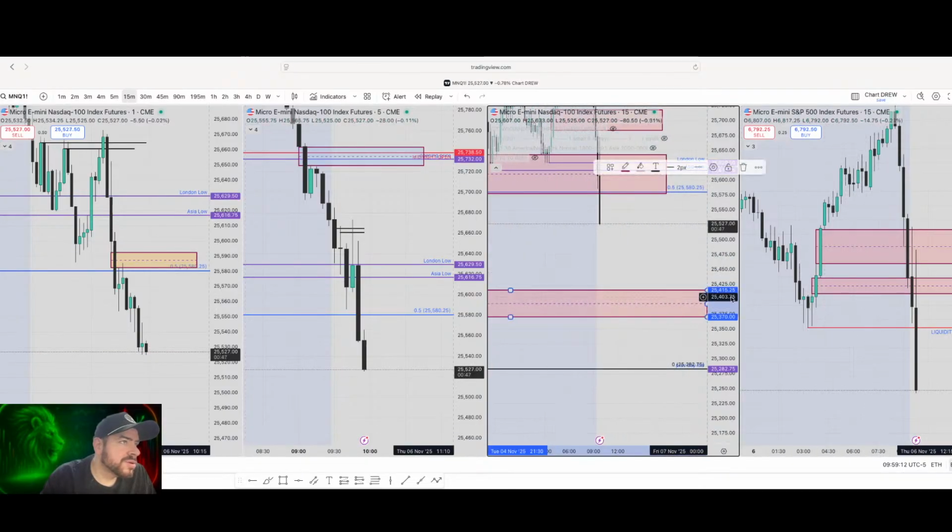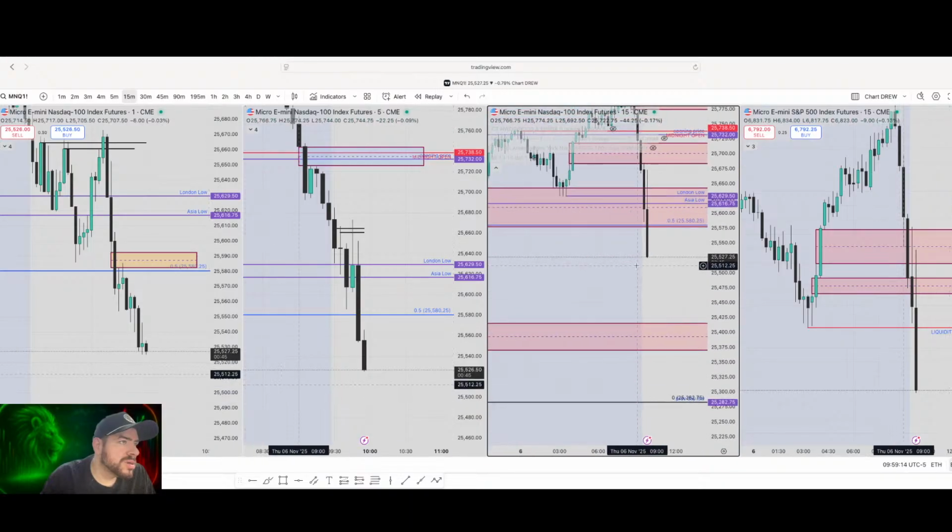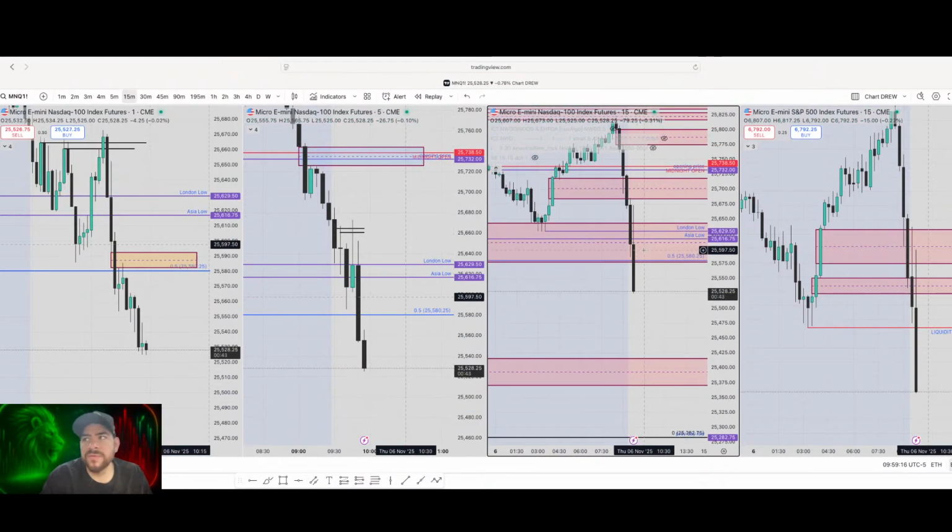But looking for lower, I just want a retracement before I start going lower or trying to go lower. I don't want to just start taking trades and chasing.